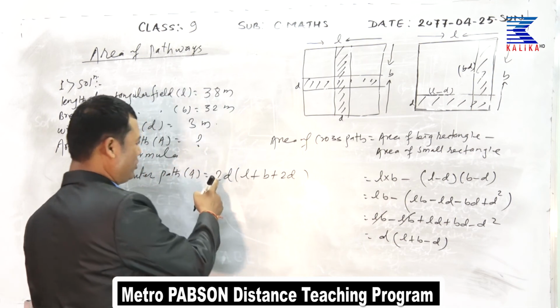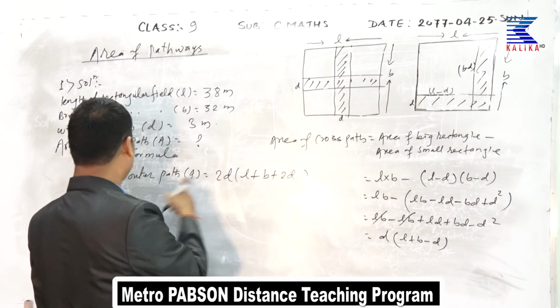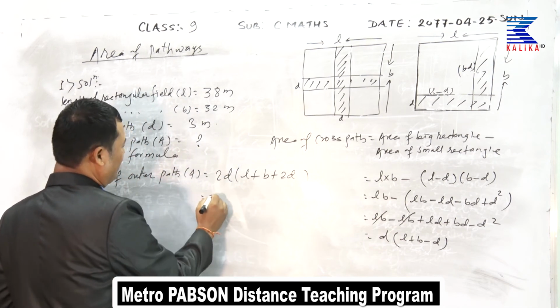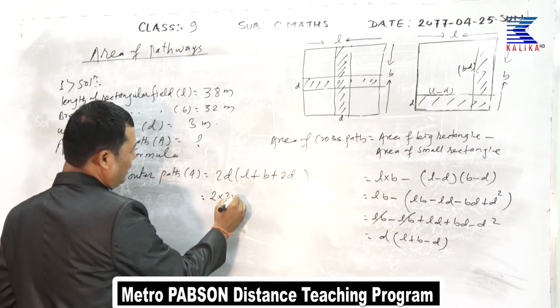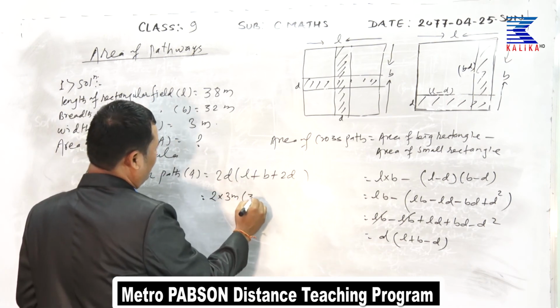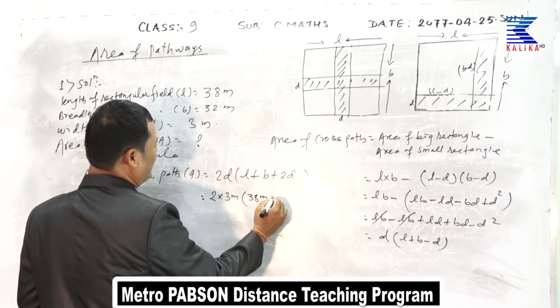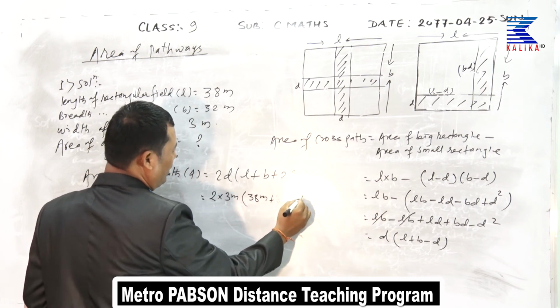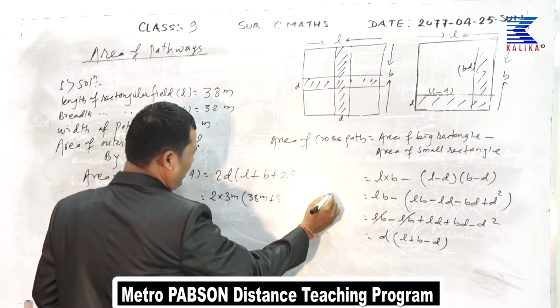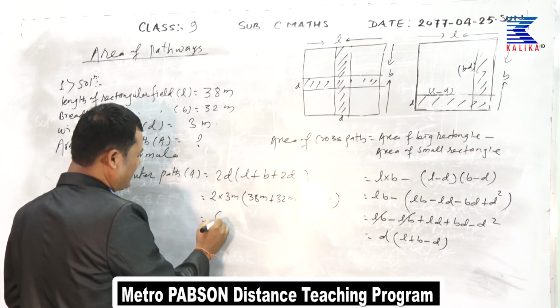The inner path is 2D (L plus B minus 2D), but it is an outer path, so 2 into 3 meter. L means 38 meter, breadth means 32 meter, plus 2 into 3 meter, that is 6 meter.